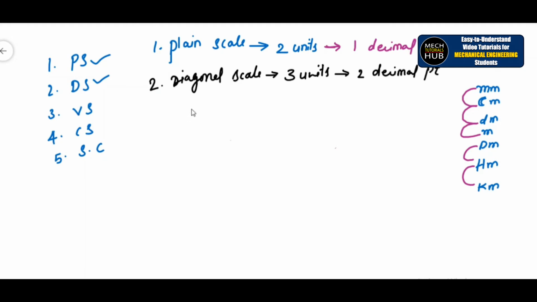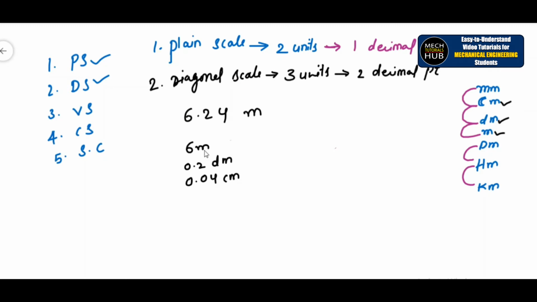In a similar fashion, I'll place 6.24 meters. If I say 6.24 meters, this is the meters point, the next unit is decimeters, the next is centimeters. So 6 meters, 0.2 decimeter and 0.04 centimeter.